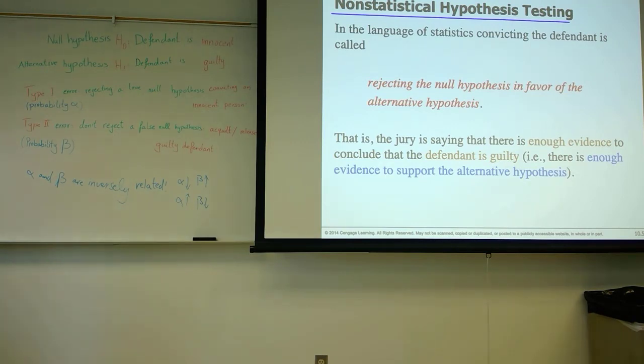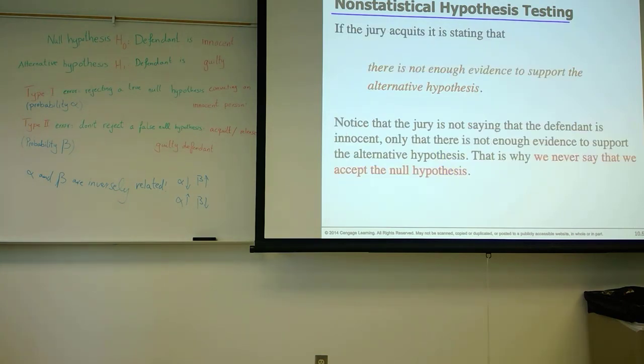Essentially, in our case, it means we have enough evidence to believe that the null hypothesis is probably not correct, but the alternative hypothesis is correct. So, for example, with the alternative hypothesis, we believe that the Democratic candidate does not have enough votes to win the election.